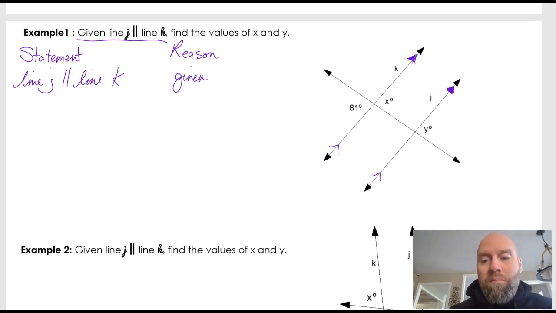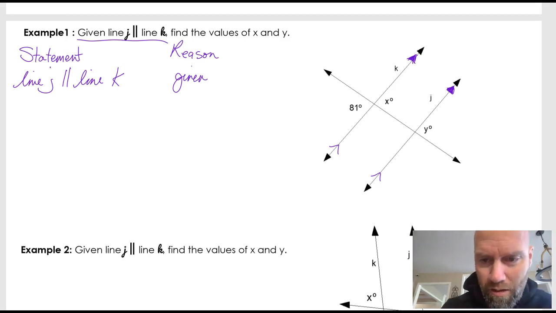All right? And immediately I can start to notice some other angles. Whenever I see a transversal, and we don't have a label for this transversal in our diagram here, but I'm talking about this line right here that is our transversal. Whenever you've got two lines that are cut by a transversal, you should immediately start to recognize the relationships of these angles.